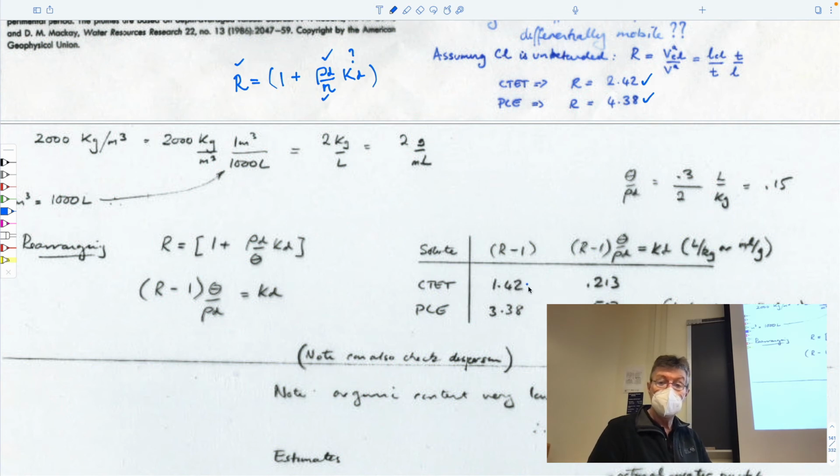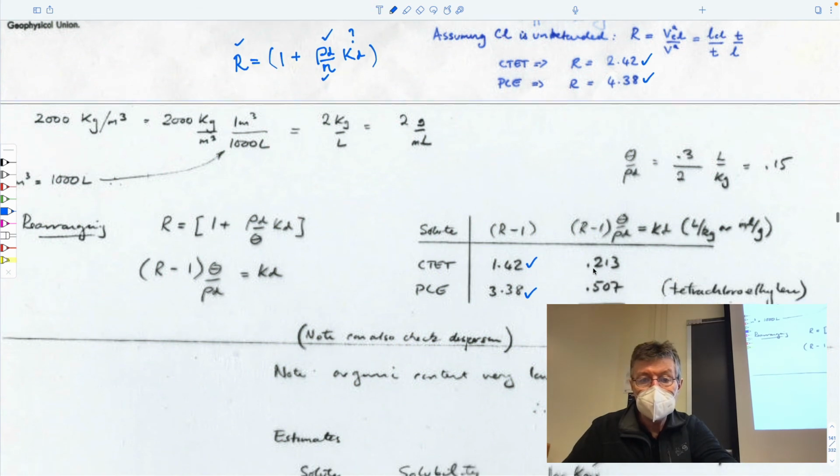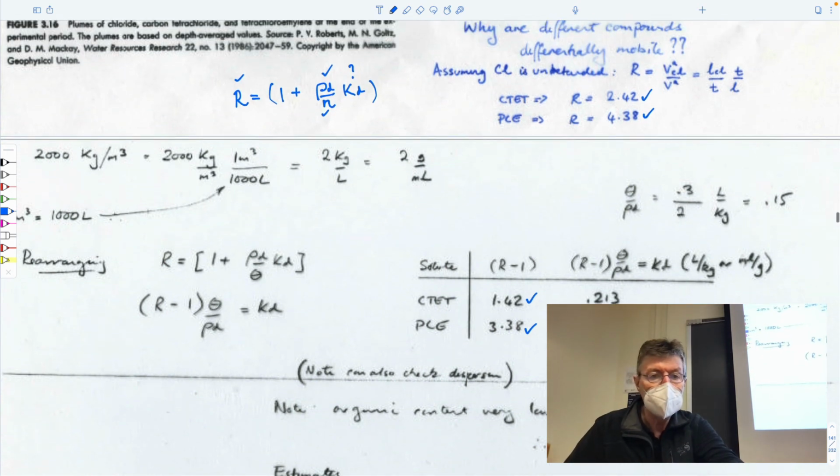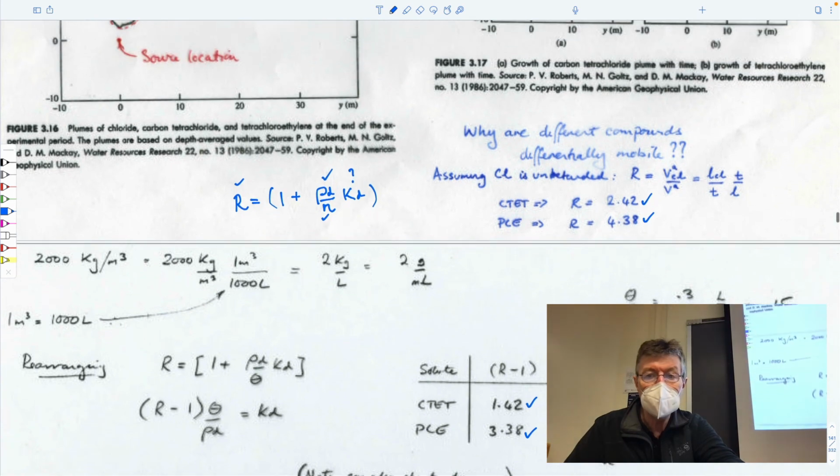2.42 minus 1 is 1.42. 4.38 minus 1 is 3.38. Multiplying by some porosity, which I've assumed somewhere. I don't know where. The porosity actually I think is quite low. No, that's not, that's the organic content. Does anyone see porosity on this?